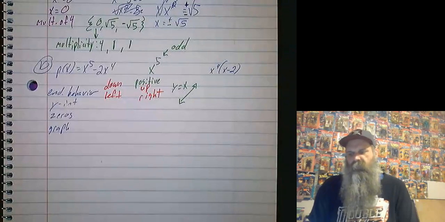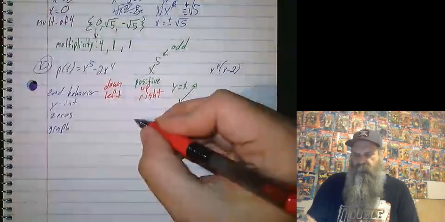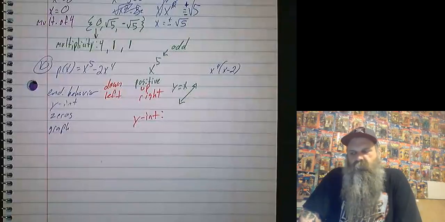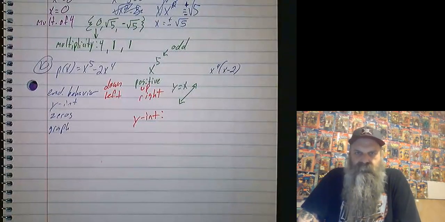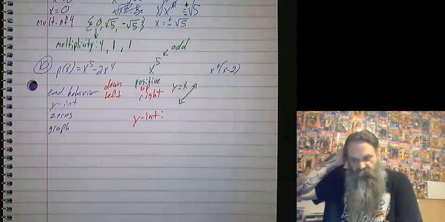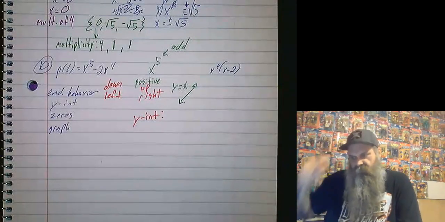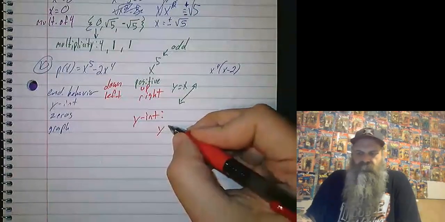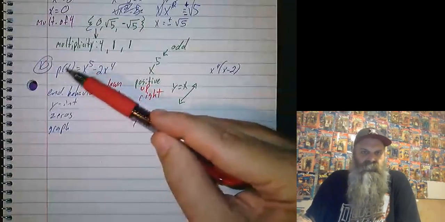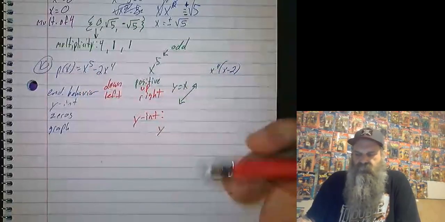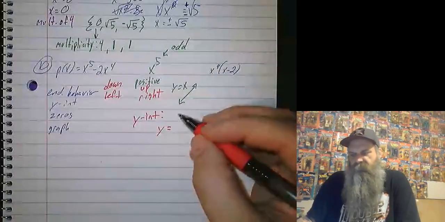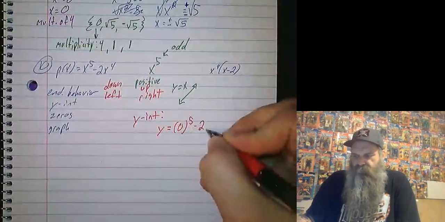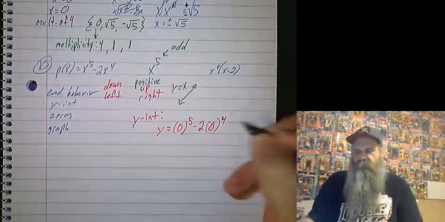And then to find the y-intercept and zeros, I'll work that out over here. Remember when we did graphing using the intercepts? If we're on the y-axis, then the x values are 0. So in this case, p of x, whatever, f of x, g of x, it's the same as y if we're talking about graphing. So 0 to the 5th power minus 2 times 0 to the 4th.